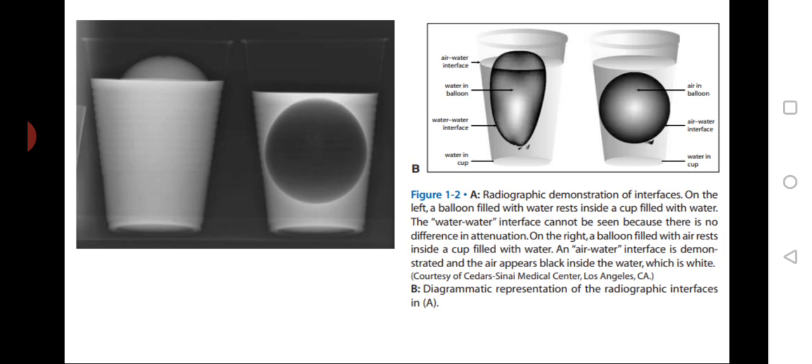Because the balloon is filled with water and the water is around, so everything has generally similar density. And in case of the X-rays or CT scan, everything is about densities. So when the densities here are similar, we cannot see any difference. We'll see a difference only when there is a marked difference in density.